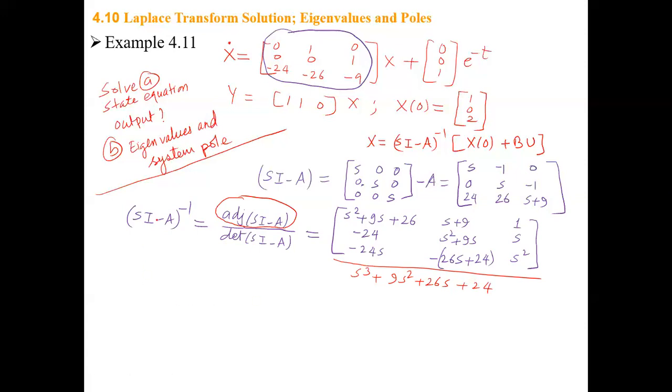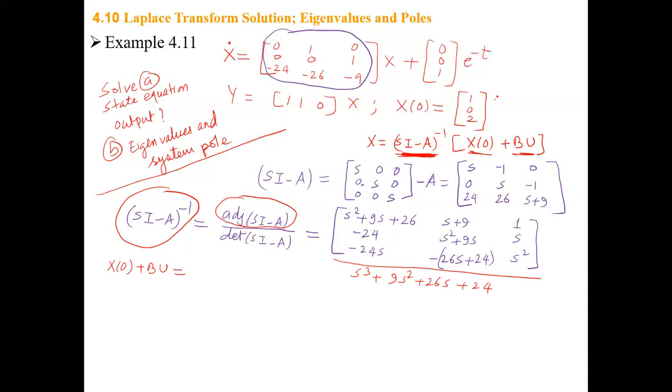Okay. So now you have this guy, right? Then plug this in here. But before that, you have to find x0 plus BU. So what is your x0? Help me here.